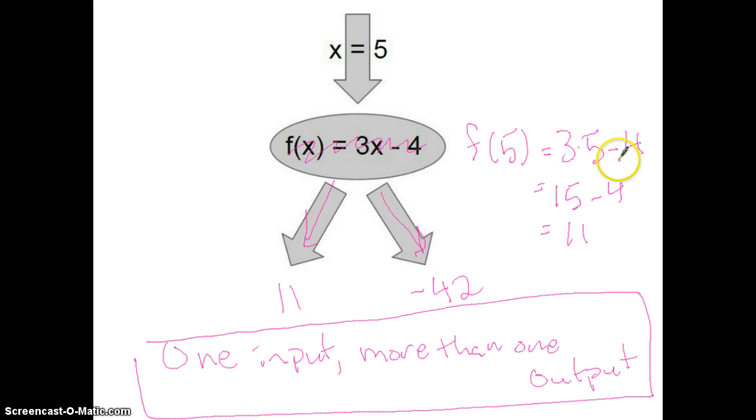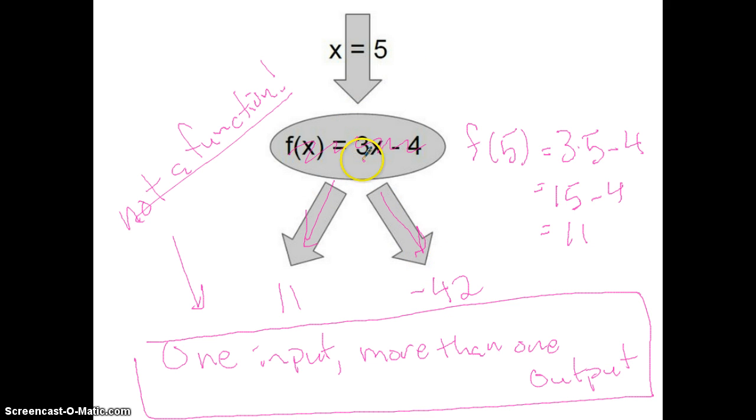It can't be 3 times 5 minus 4. Sometimes it's 11 and sometimes it's negative 42. That's not the way math works. Every time we put in an input, there has to be exactly one output. So if there is one input and there's more than one output, then that is not a function. Okay, so that is a broken function.